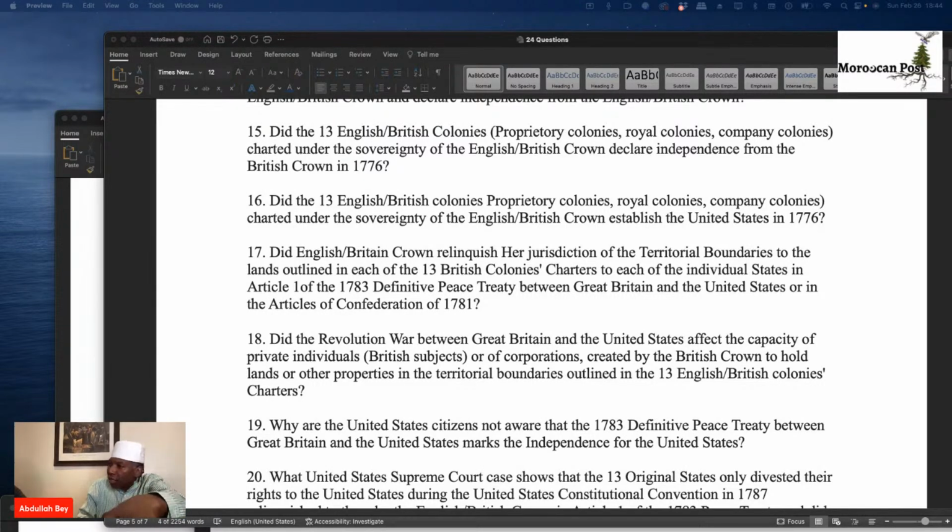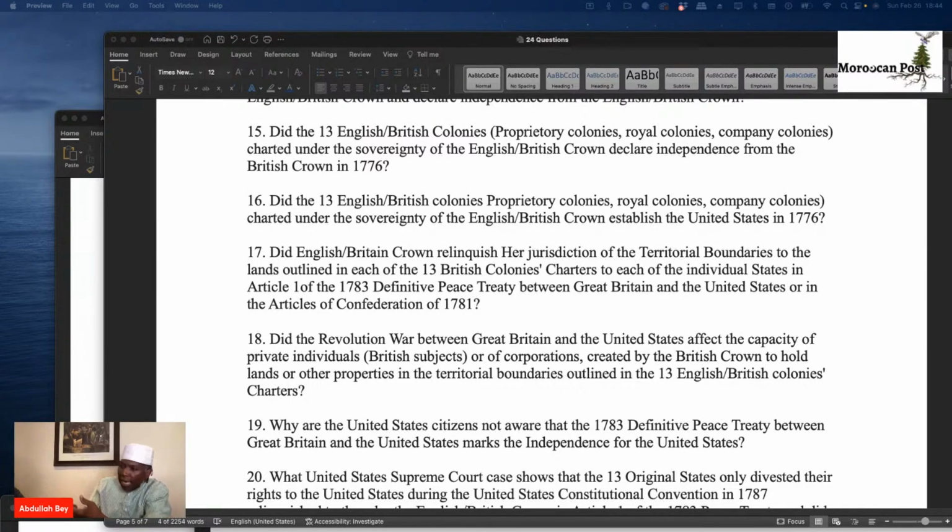People versus Godfrey is a case there. Also, the District of Columbia, that Moorish territory, that 10 square miles was ceded by Virginia and Maryland.